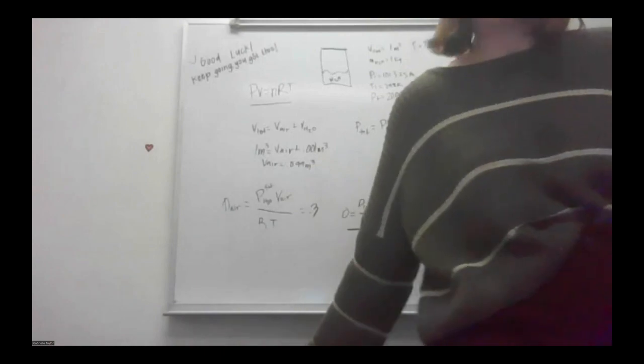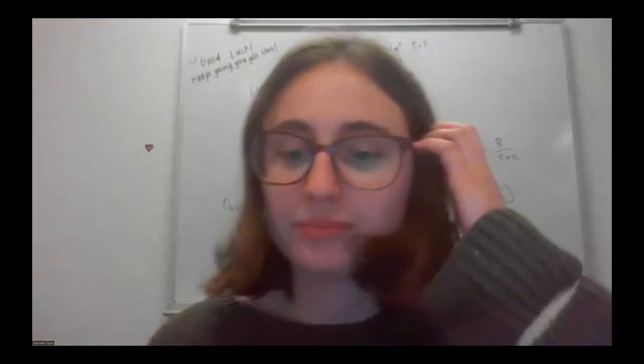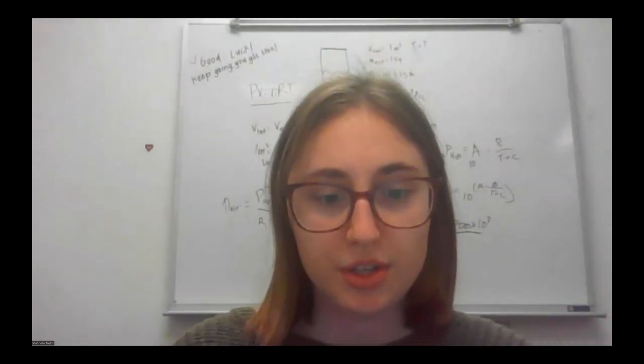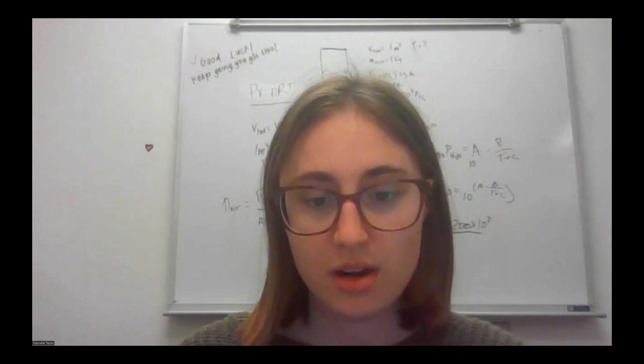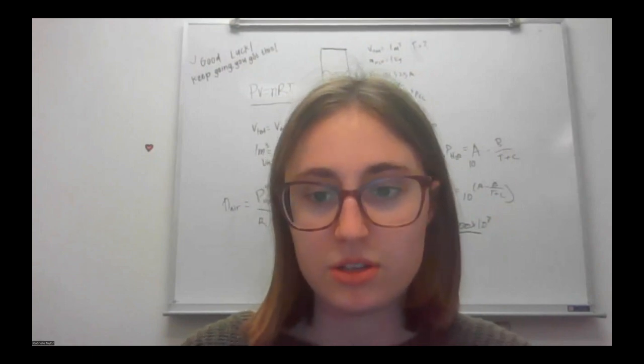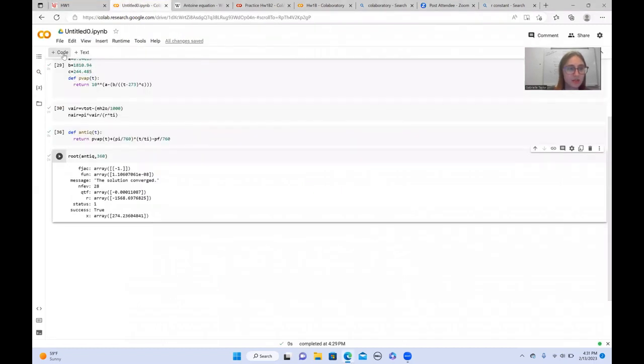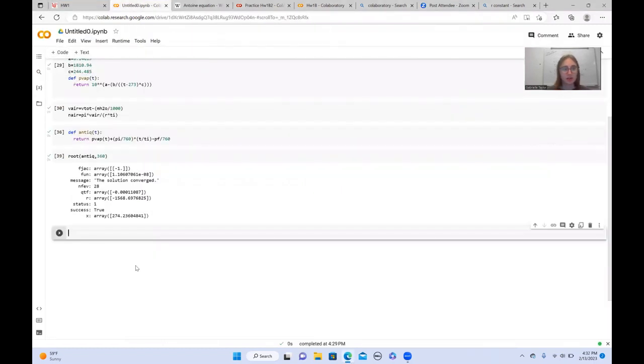So let's get back into Colaboratory. Let's share my screen. Okay, so what we're going to do is code another function. I'm going to define it as B4, because this is B number 4.